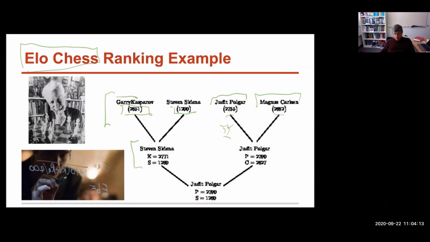Now, suppose I played Judith Polgar. Again, her ranking is much better than mine. And afterwards, if she beat me, it would do her no good, and it would do me no harm, because I would lose essentially no points, because my win probability should have been so low.